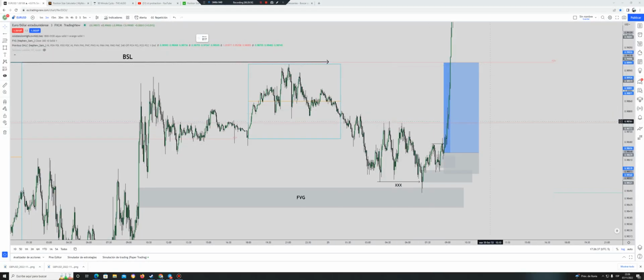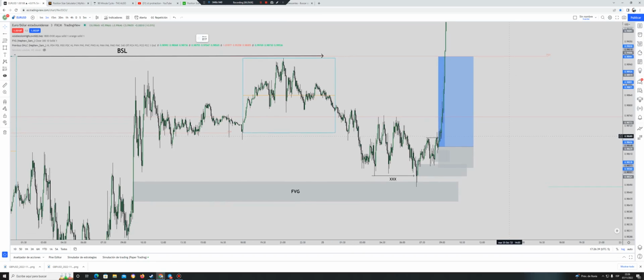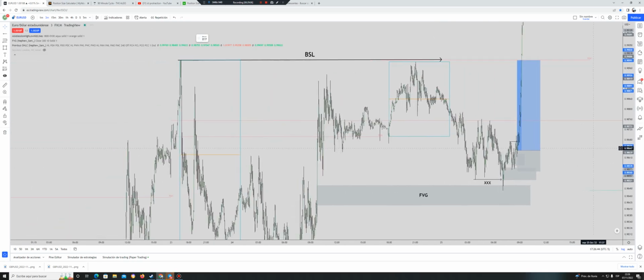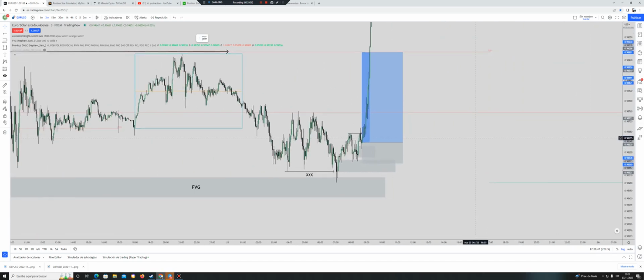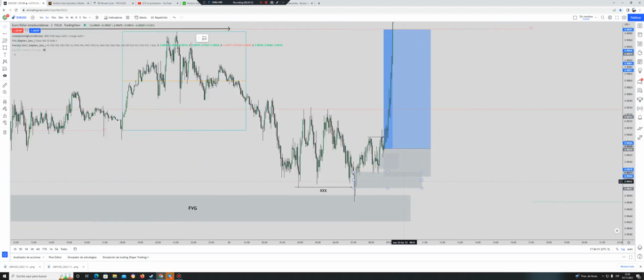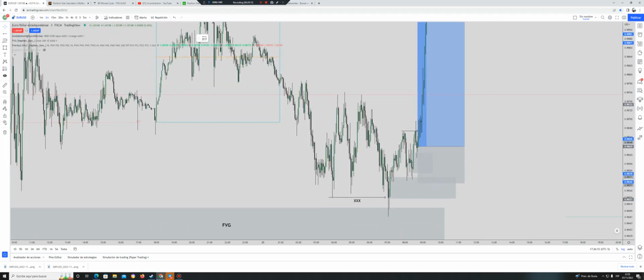The example I've got here for you guys is this one. This was a trade I took, like I said before, and I posted it on my Telegram group. Of course, you always need to have a context. I already explained this, but look at how we go here. 8:30, 8:40.